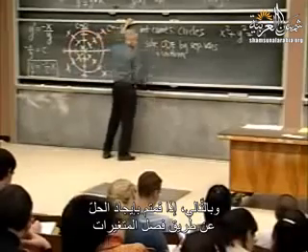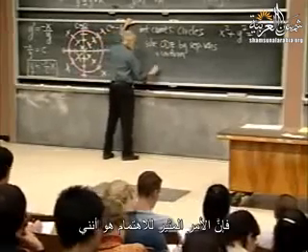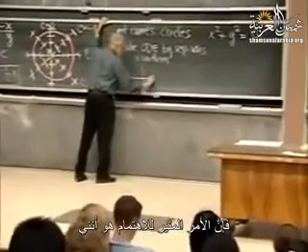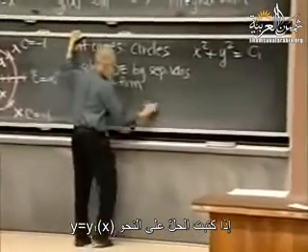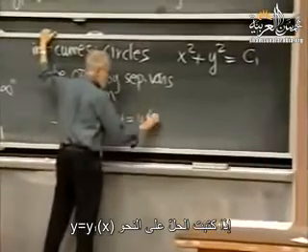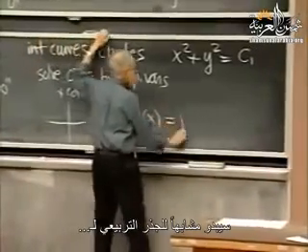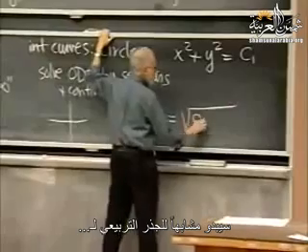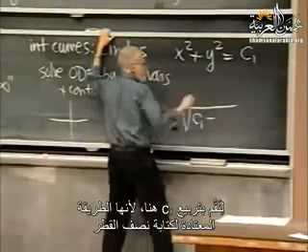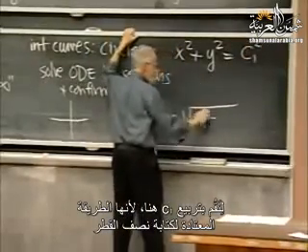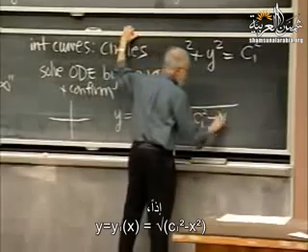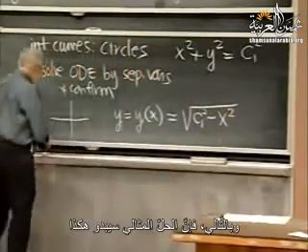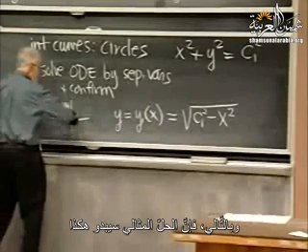If I write the solution as y equals y1 of x, it will look something like the square root of C1 squared minus x squared, since that's the way people usually put the radius. And so a typical solution looks like this.